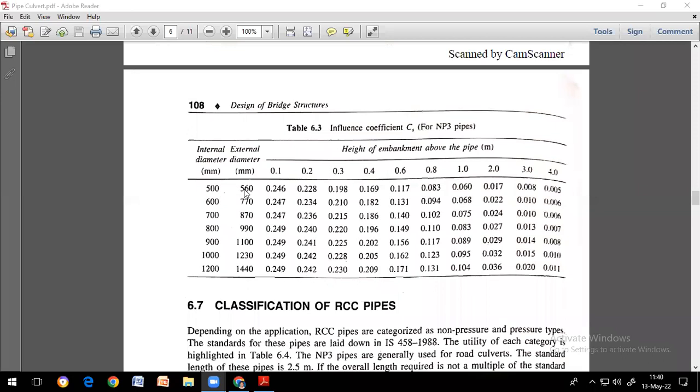For this, your external diameter should be this much, and these are the heights of embankment you have to follow. Clear, guys? So this is how the C S value is taken. And don't worry, from your exam point of view, the C E value and C S value will be clearly given in the problem, no need to get them from any table. But at least for knowing purposes, know how you get the influence coefficients C S and C E values.